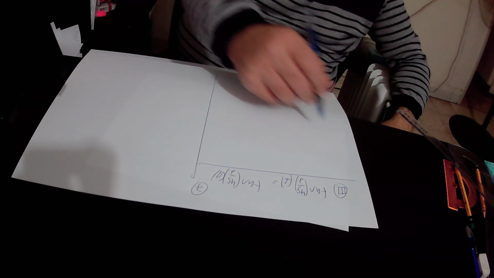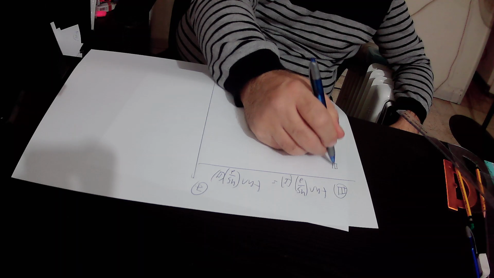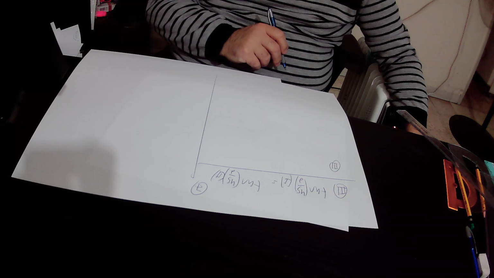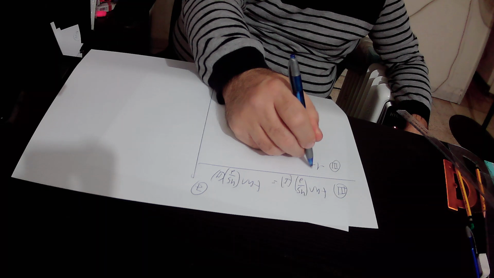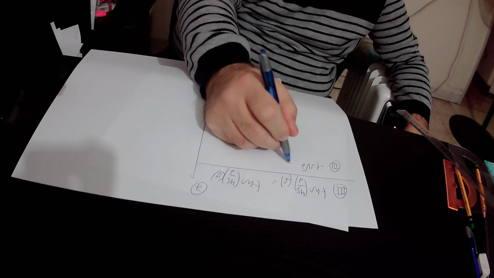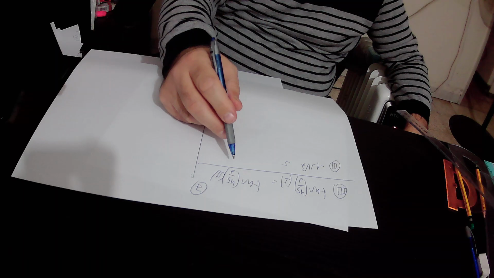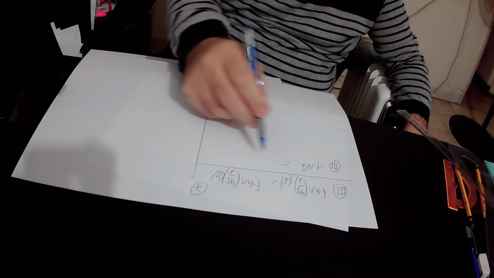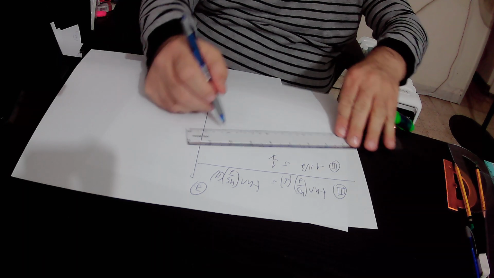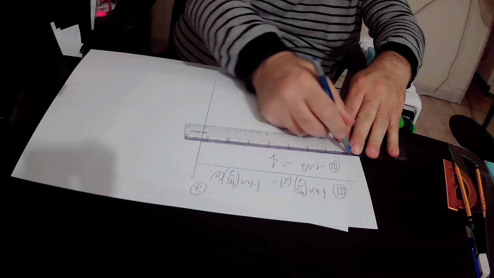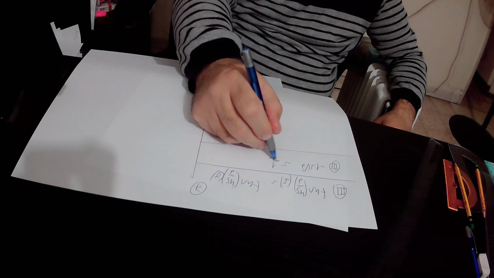So minus 1 plus square root of 2 must be equal to 1 over x. In conclusion, according to equation number 3, minus 1 plus square root of 2 equals 1 over x.